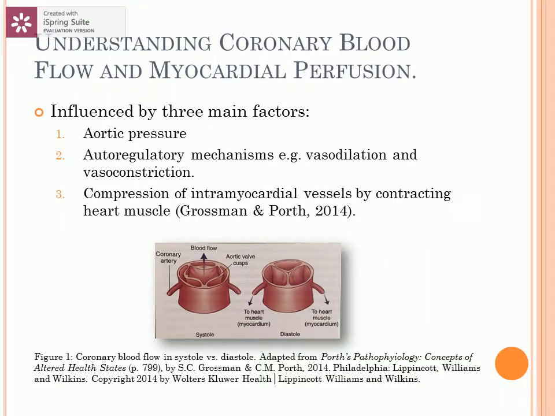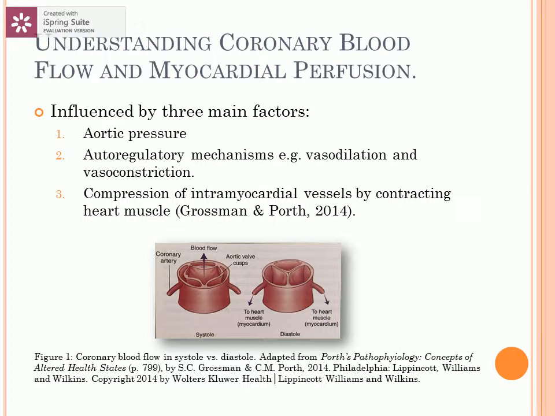Okay, understanding coronary blood flow and myocardial perfusion. So, they're influenced by three main factors. We have aortic pressure, autoregulatory mechanisms, and compression of intramyocardial vessels by contracting heart muscle. So, aortic pressure, because the coronary blood flow and myocardial perfusion, they're at their peak during diastole, so when the heart's filling up.